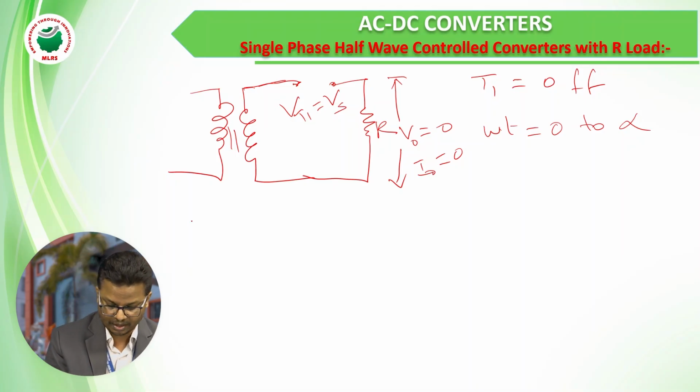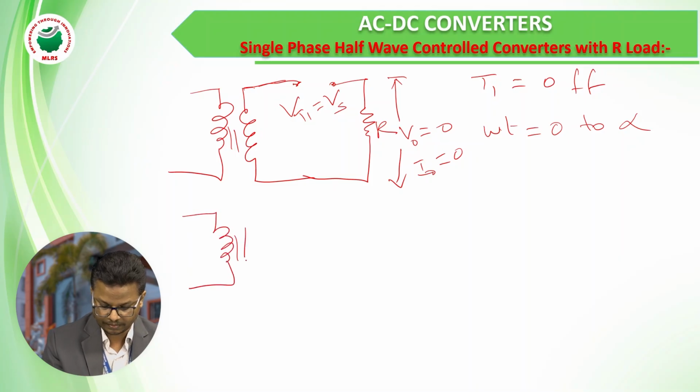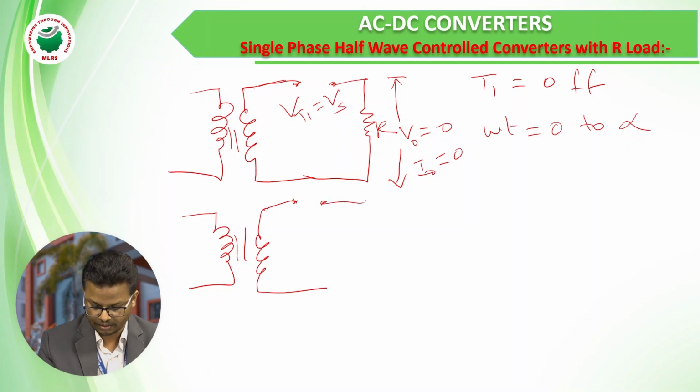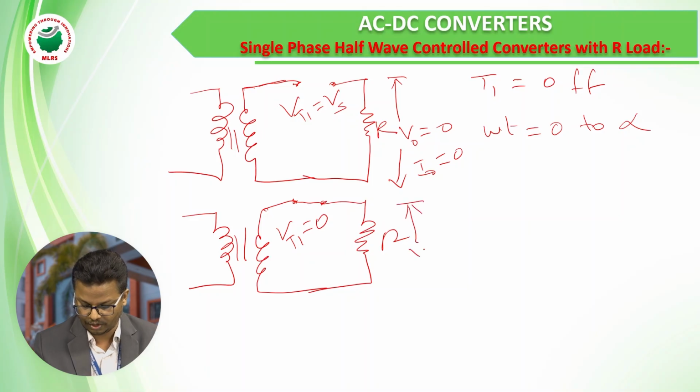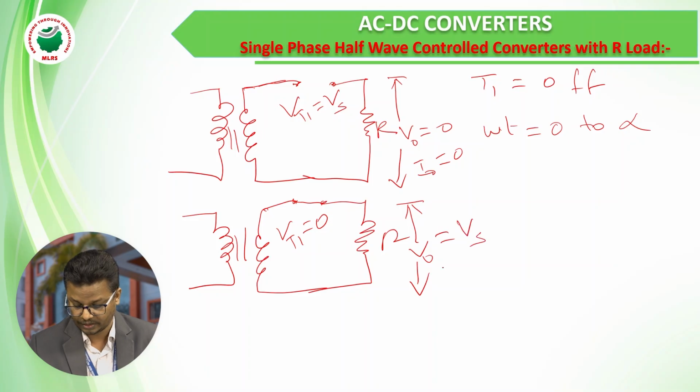When we give a triggered pulse, the circuit becomes as we can observe here. So it is shorted. When it is shorted, VT1 equals 0 and the output voltage V0 is equal to Vs and I0 equals Is.